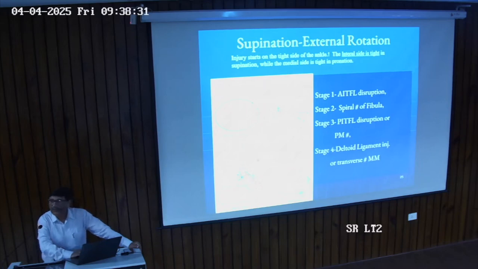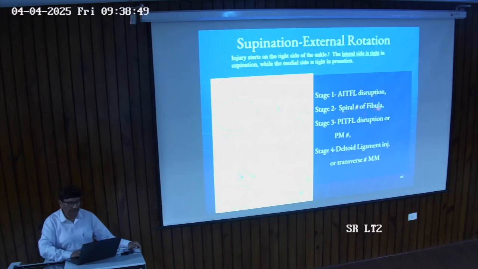If the pattern of injury continues, the posterior structure will fail now. So it is the posterior malleolus which will fail. And lastly, if it goes on to the medial side, the medial structure would also fail. So stage 1, AITFL disruption; stage 2, a spiral fracture of the fibula; stage 3, PITFL injury or fracture of the posterior malleolus; and lastly, the deltoid ligament injury or the medial malleolus injury.